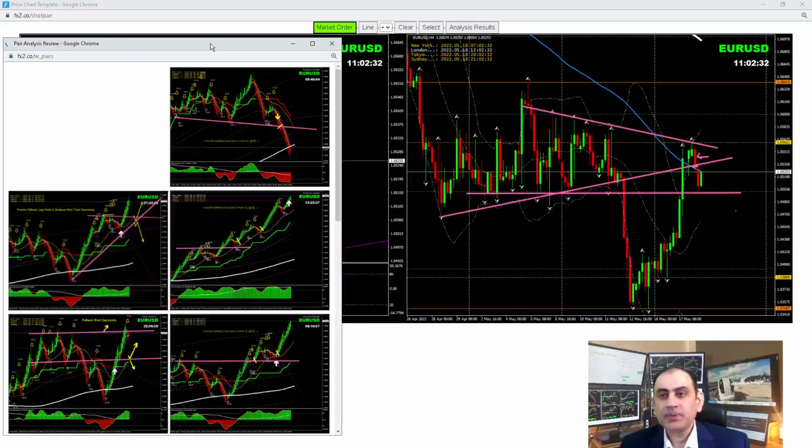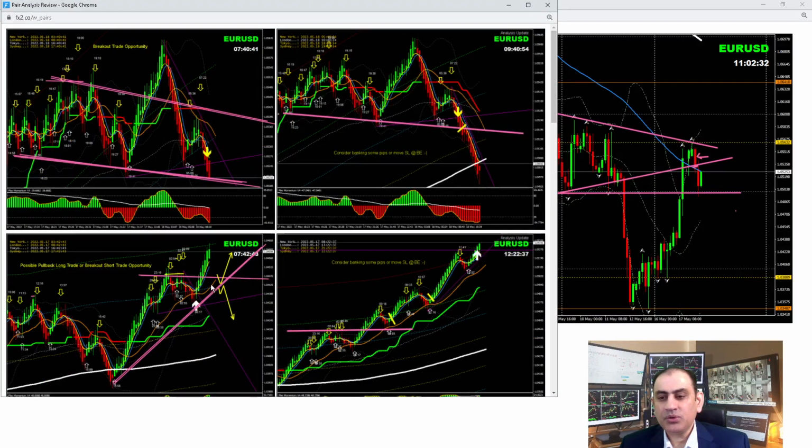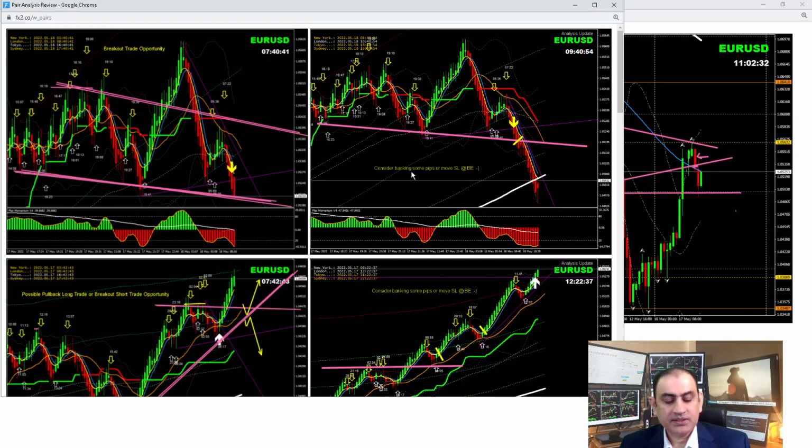This morning, as you can see here, from yesterday we have taken all this long journey, and today, at the London morning session, price developed a head and shoulder pattern. So we were expecting, if the price is going to break this previous low, a short trade here.